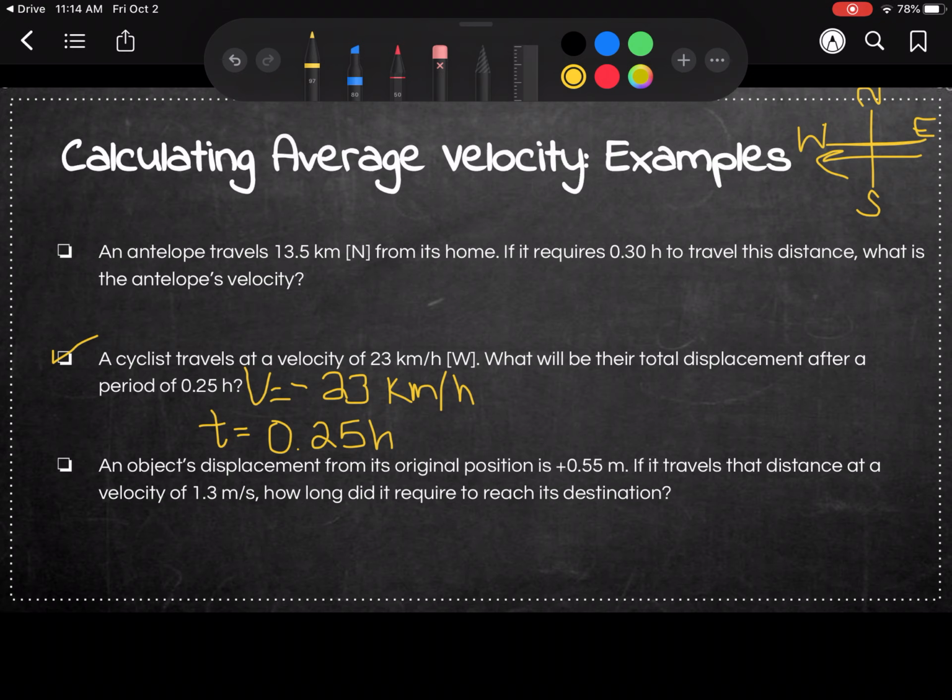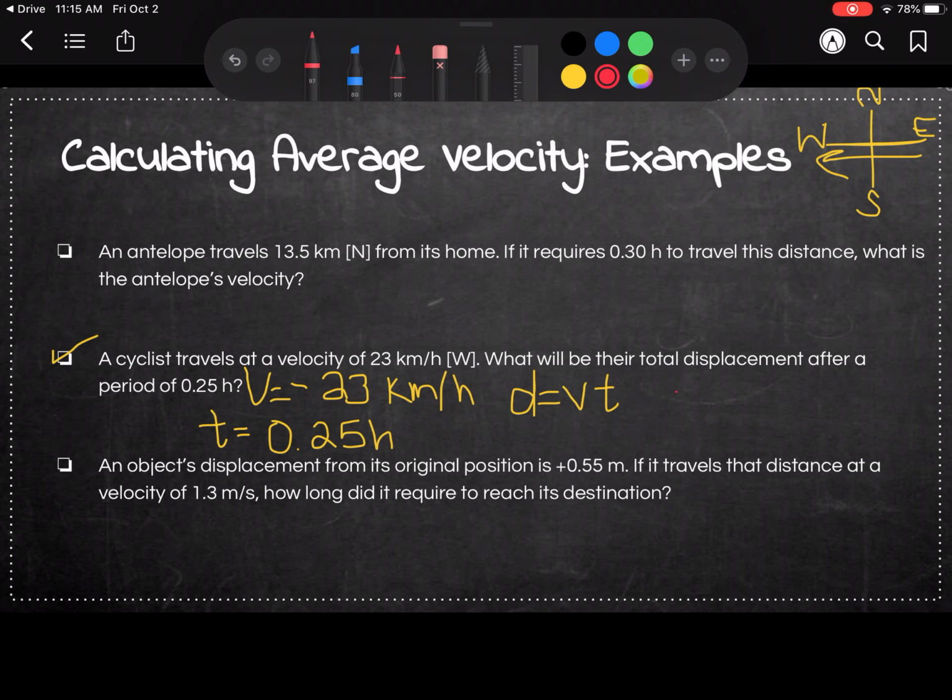So using our formula, we've got to rearrange it so that we can solve for our displacement right there. To do that, we're going to bring that t up to the top, multiplying both sides by t. I'm just changing the formula before I even plug it in. So our formula ends up being d is equal to v times t.